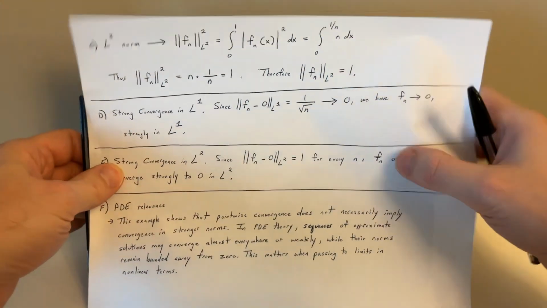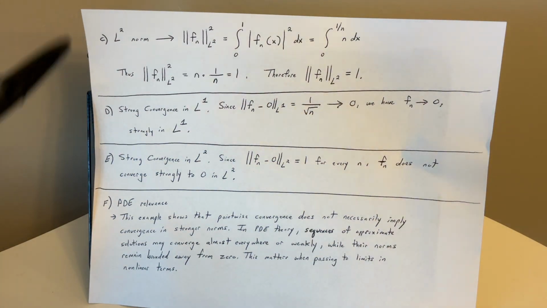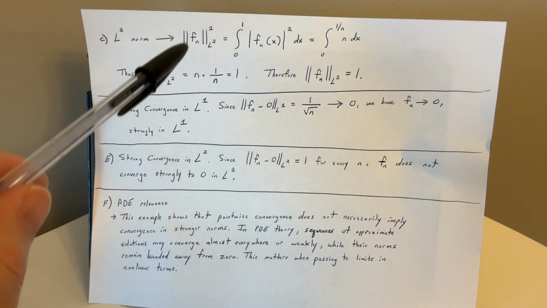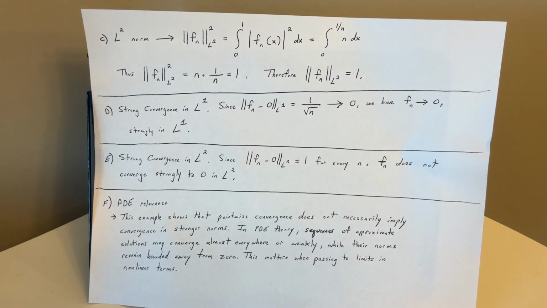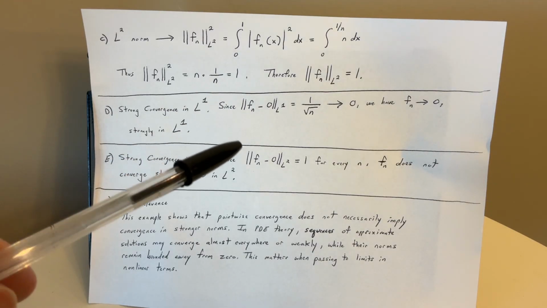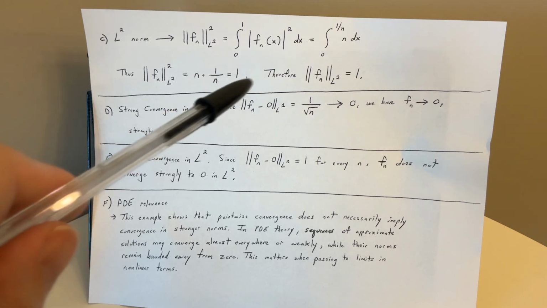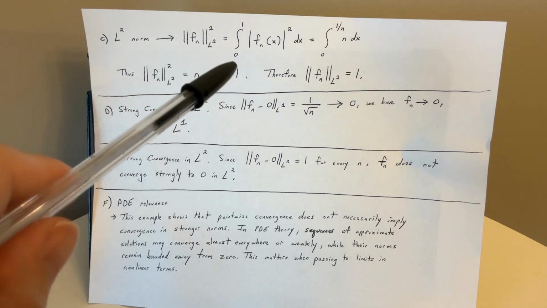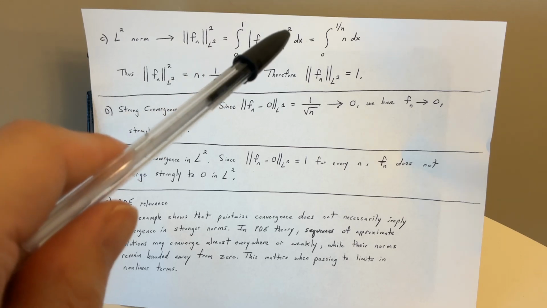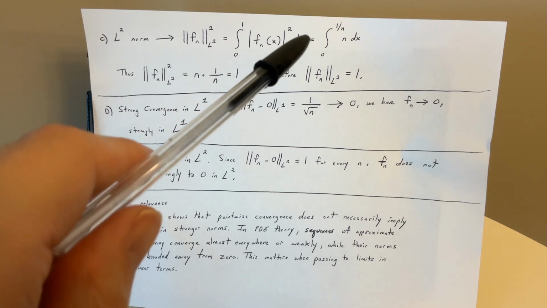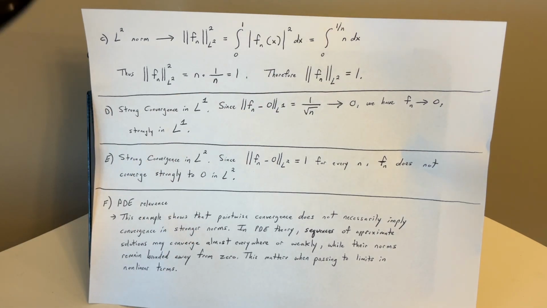For C, the L2 norm squared of f sub n equals the integral from 0 to 1 of the magnitude of f sub n of x squared dx, which equals the integral from 0 to 1 over n of n dx.